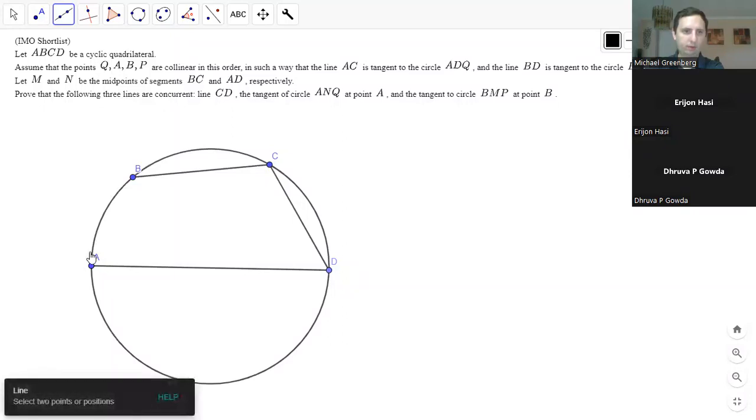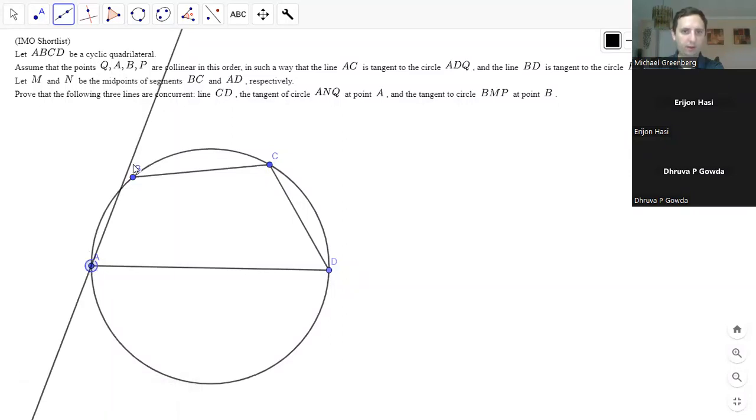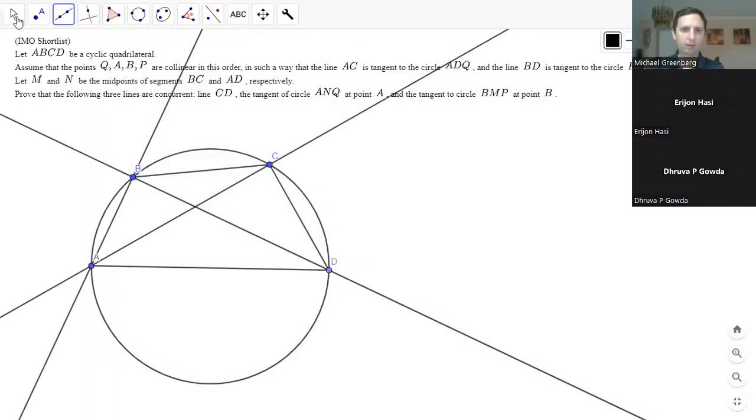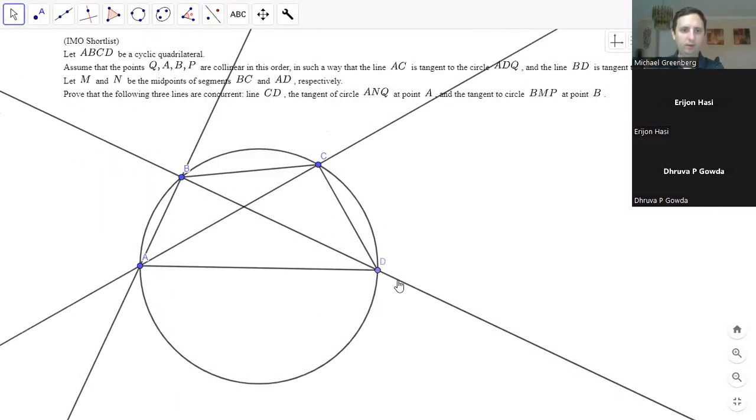So it's saying they're collinear so that AC is tangent to ADQ and BD is tangent to BCP. So let's think about this. AC is tangent to ADQ. How do we draw that?